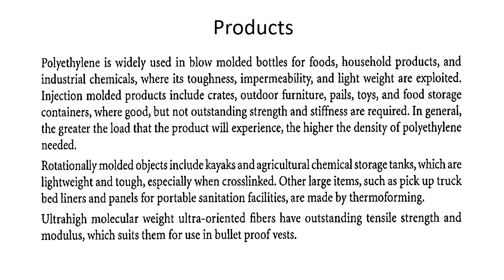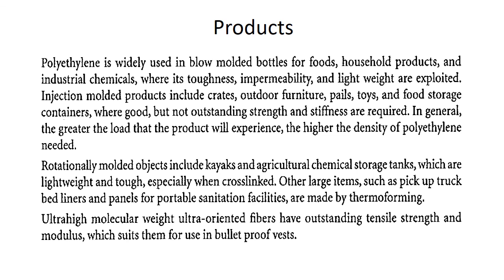There are further uses of these polyethylenes. They are used in making blow molded bottles for foods, household products and industrial chemicals, because of their toughness and light weight. So these kinds of features are used to make household products and in the food industry. We can also use them in outdoor furniture.